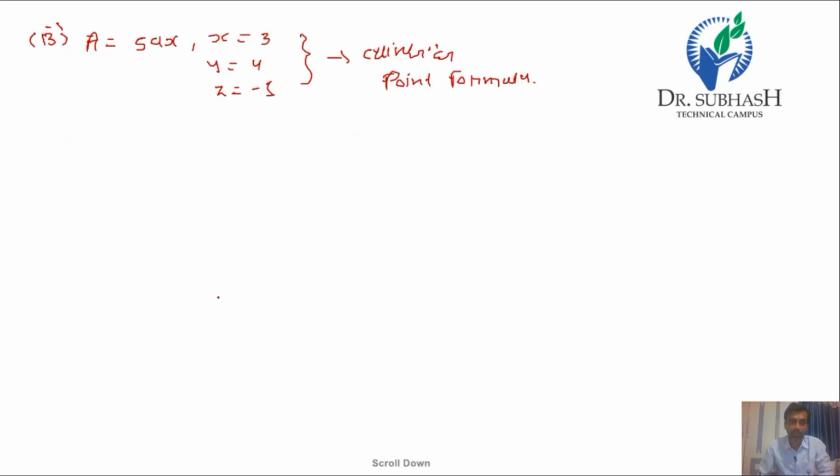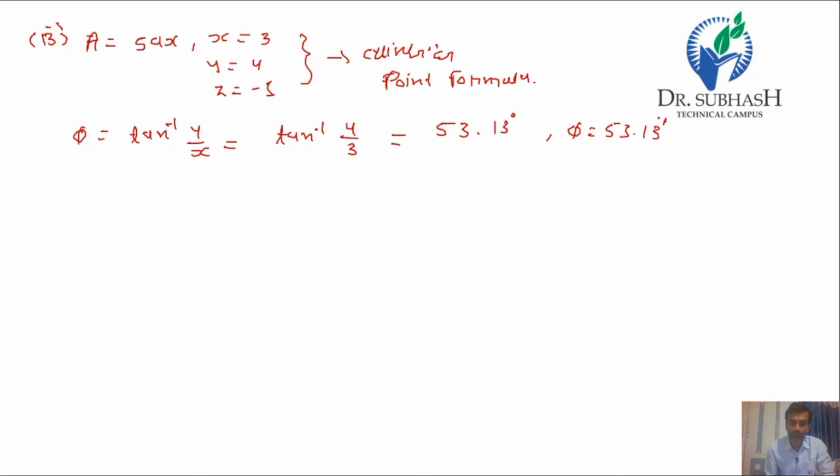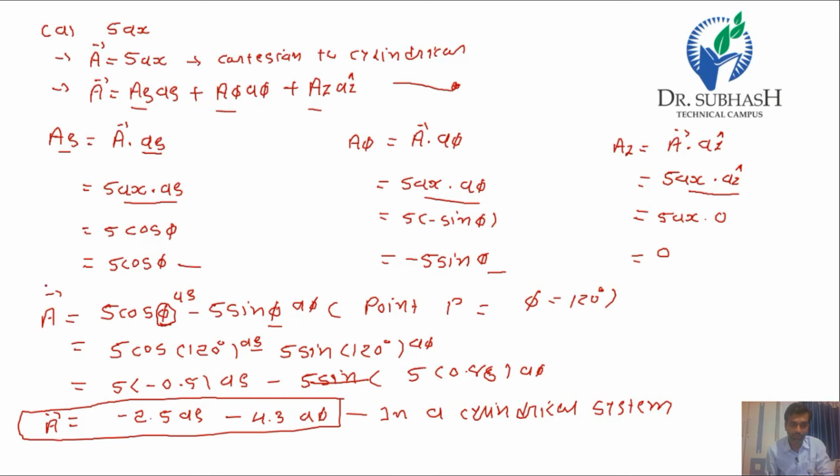So we require to find only the φ value, which can be represented by tan inverse y by x, which is tan inverse 4 by 3, and the value of tan inverse 4 by 3 is almost 53.13 degrees. So we get φ is equal to 53.13 degrees.